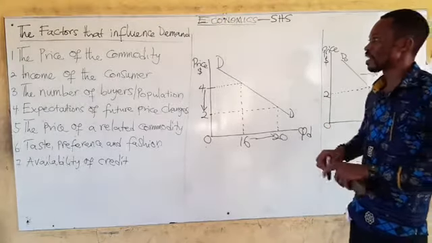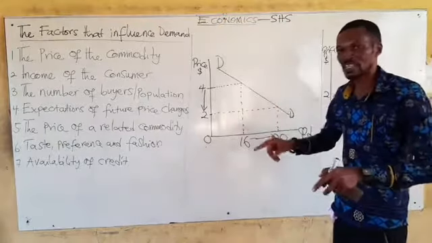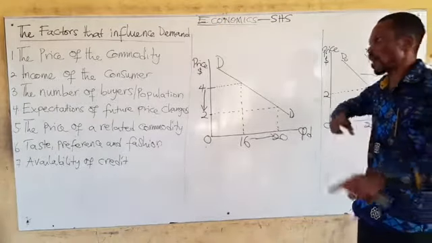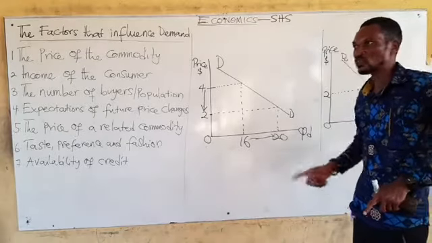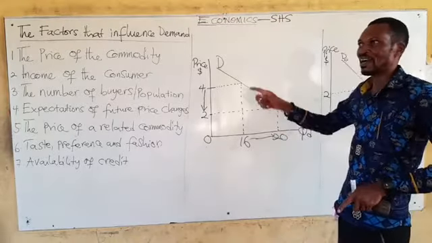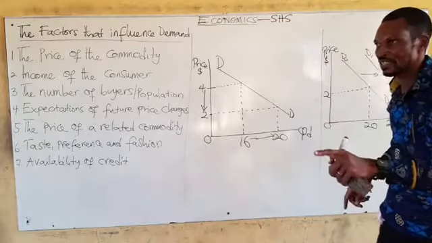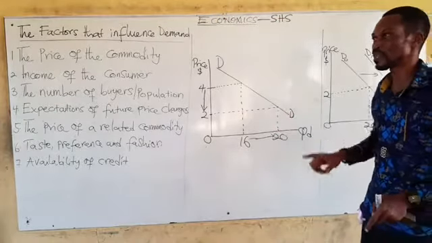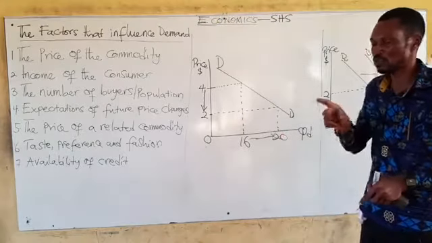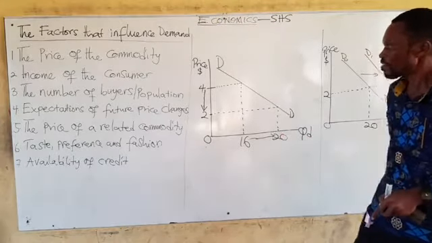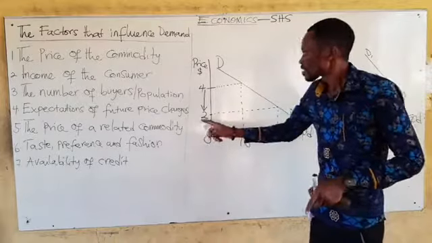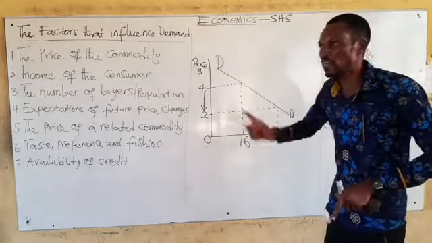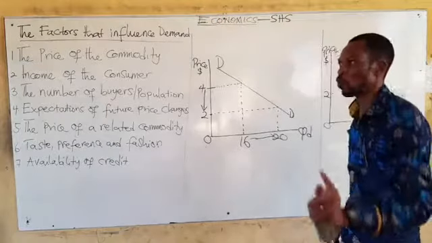And if the commodities serve the same purpose, when there is an increase in the price of one of them, it's going to cause an increase in the quantity demanded of the other commodity. In fact, this will be explained better when we come to another topic that I will treat soon. But again, when the commodities are substitutes and the price of one of them increases, the demand for the other will also increase.